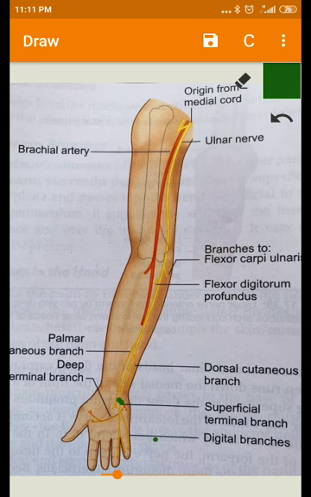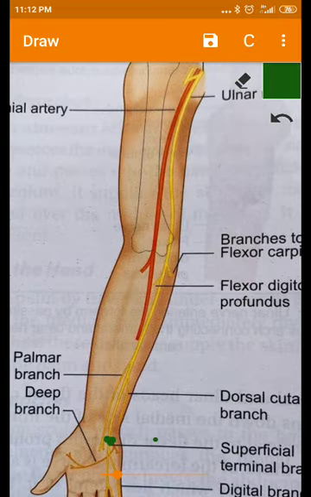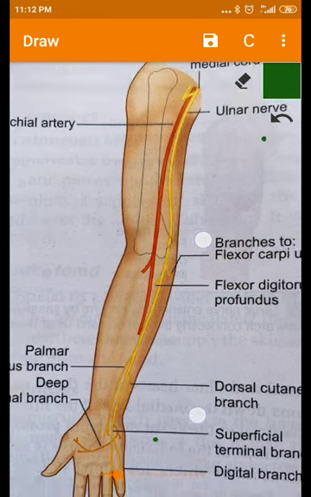Okay, after passing this ulnar tunnel, a groove is also present on the lateral aspect of the pisiform, that is called Guyon's canal or pisohamate canal. After passing through this canal, the nerve is divided into a superficial branch and a deep branch.